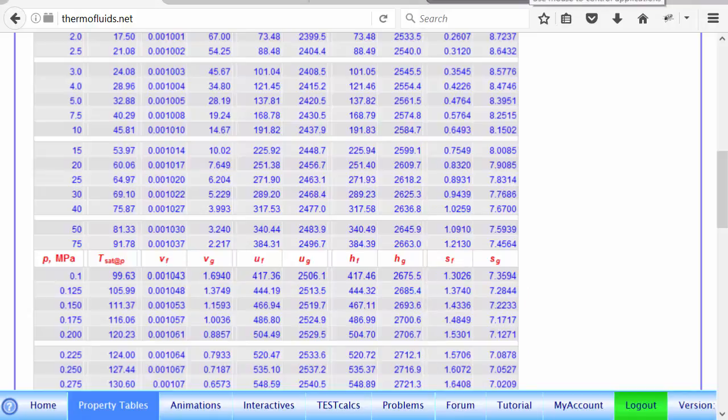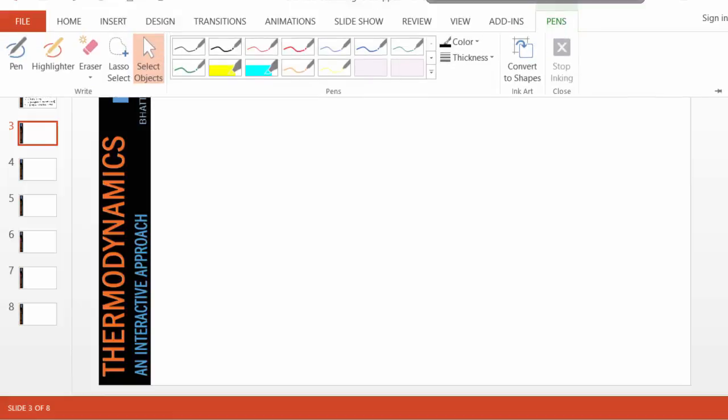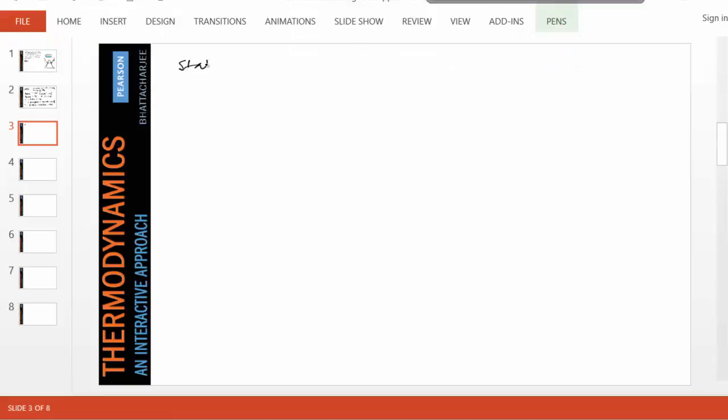Now let's look at state 2 and what we know. For state 2, we'll do the same sort of thing. It cools down to a certain temperature. Of course, the specific volume will remain the same. The first thing to notice is that this is not going to change because the mass of H2O in the tank cannot change, and the volume cannot change because it's a rigid tank.